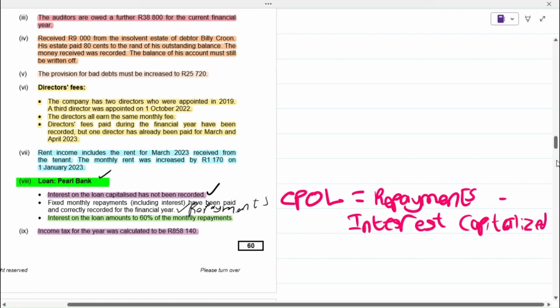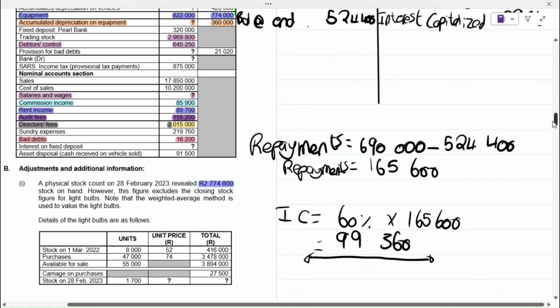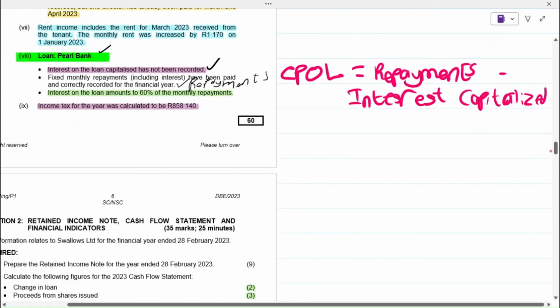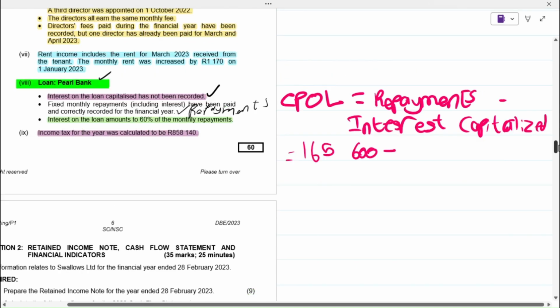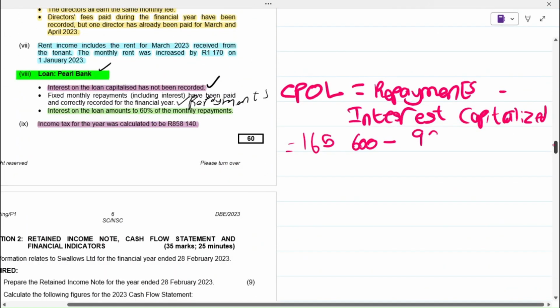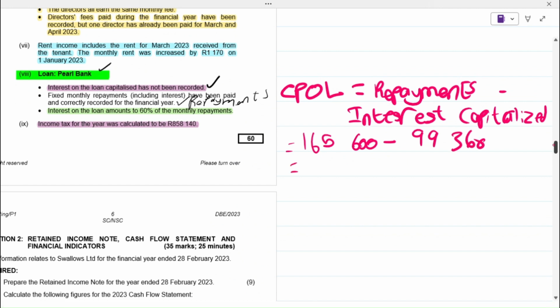So I know I have repayments of 165,600, and then I have an interest of 99,360. So 165,600 minus 99,360 is 66,240.